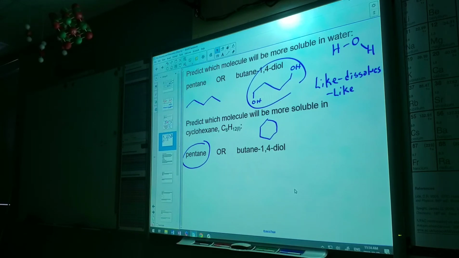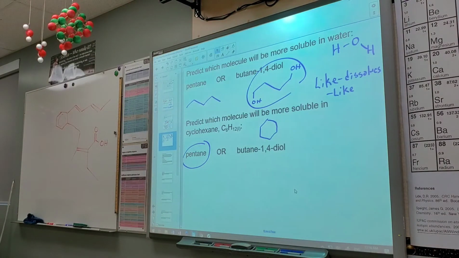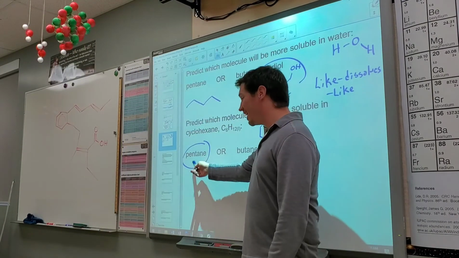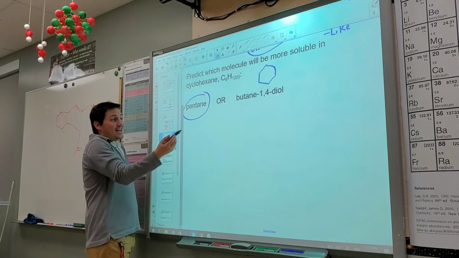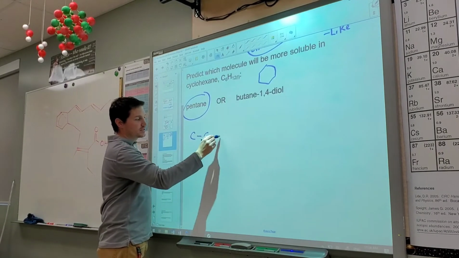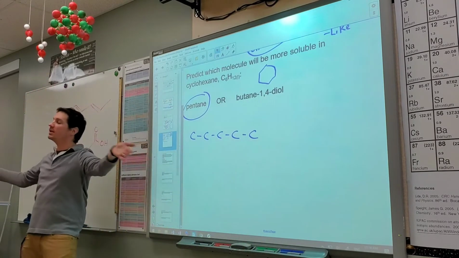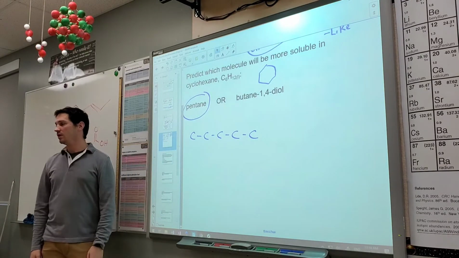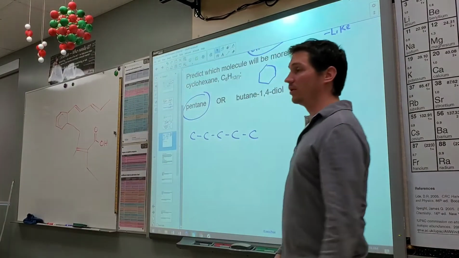Is pentane soluble in cyclohexane? That's exactly right. Okay? Because pentane, let's take a look at pentane. In essence, pentane looks like this, with hydrogen surrounding it in every direction. Is this a polar or non-polar molecule? It's non-polar, so it will dissolve in a non-polar molecule.